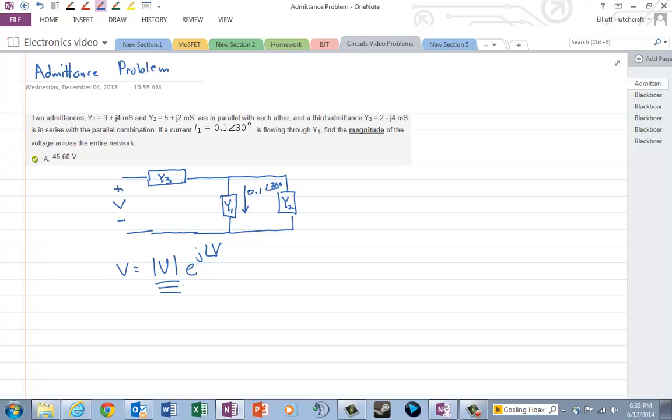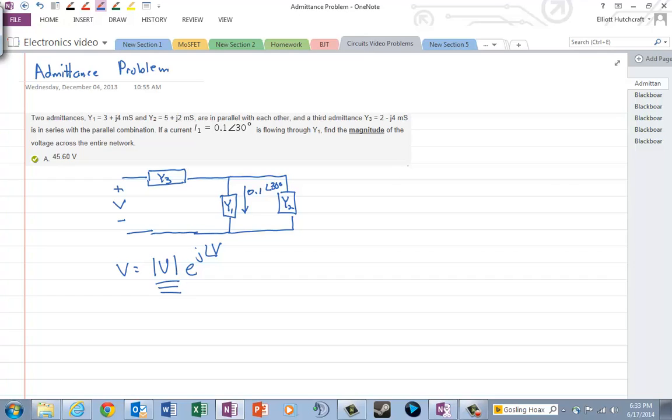One thing we do know is that current, and it's trying to make us use admittances. I think most of the time people are familiar with impedances, and so let's just sort of go through this problem based off of the impedance approach, at least at first.